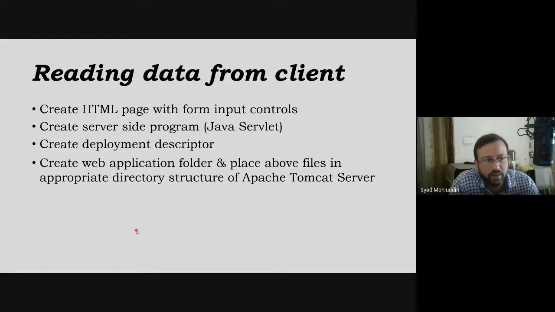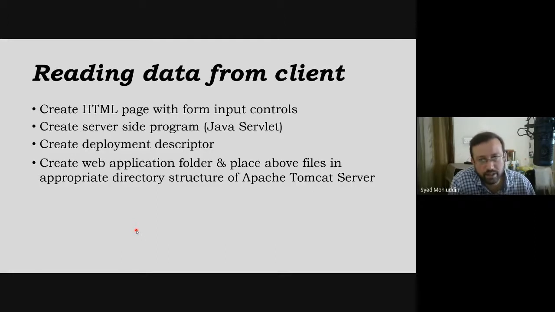So we need to create a web application folder. I suppose we have already seen this in the class. Then place the HTMLs, and any images in their respective folders, as well as the Java class files. Once you have compiled your servlets, those have to be placed in the classes folder.